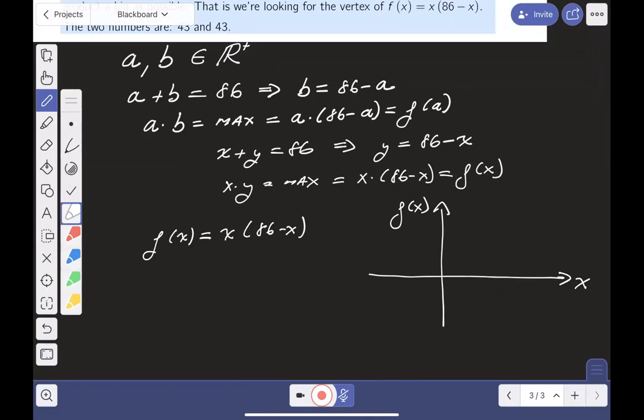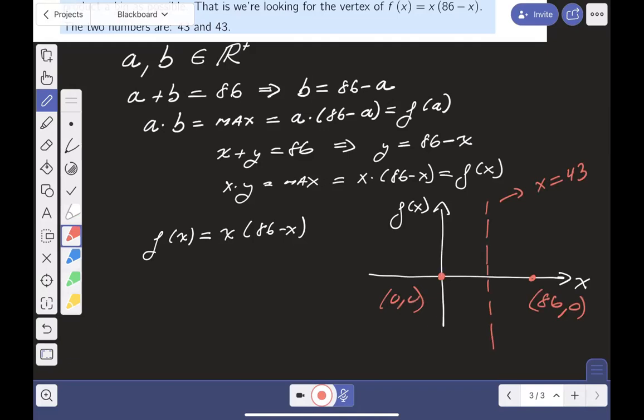Well, I got a 0 here. And I got a 0 at 86. Where would the axis of symmetry be? It's got to be simple. It's got to be in the center. So what's the axis of symmetry? X equals 43.